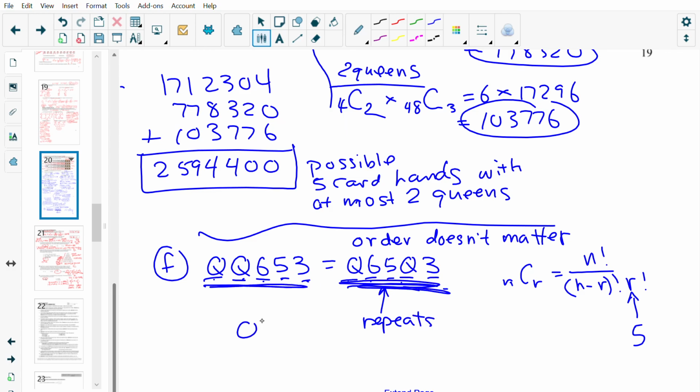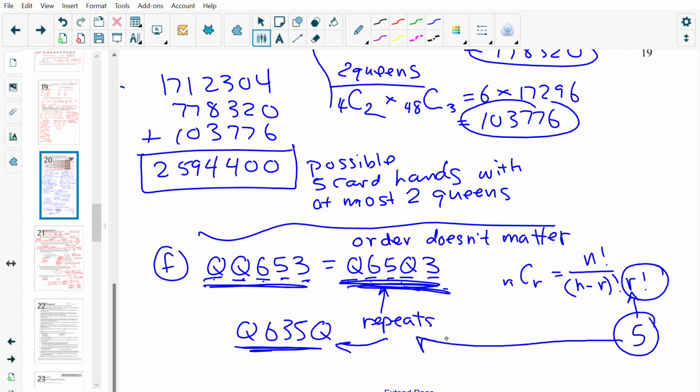I call them repeats in that the order doesn't matter, right? So here's another repeat, Q, 6, 3, 5, Q. Well, when we divide it out by r factorial, this 5 factorial, we're accounting for all the repeats so we don't overcount. We just want to count the one unique case here.